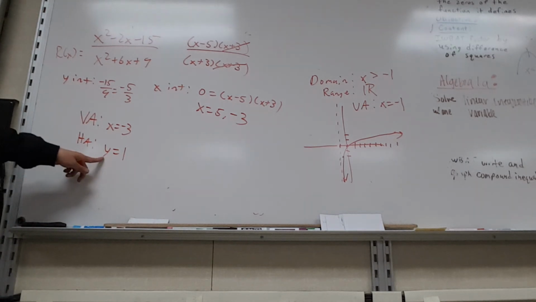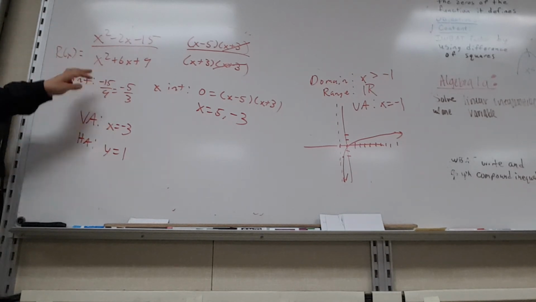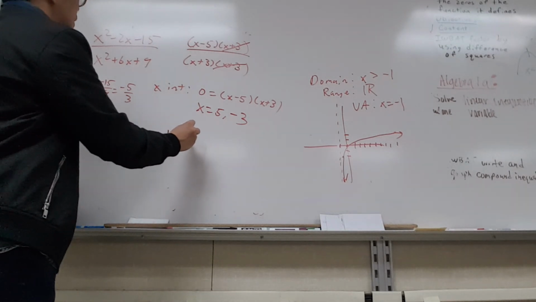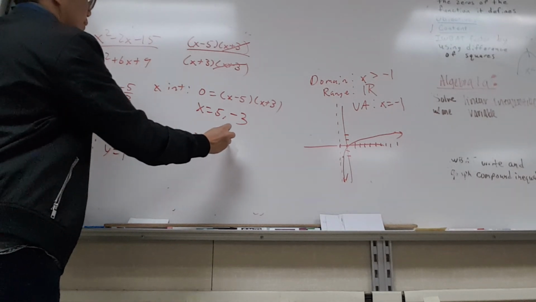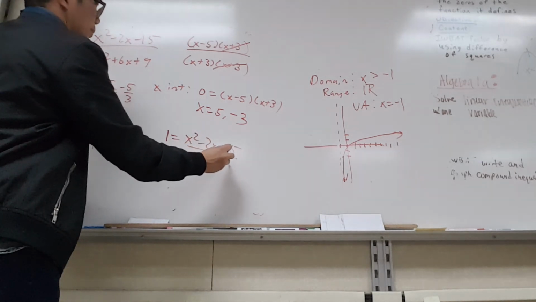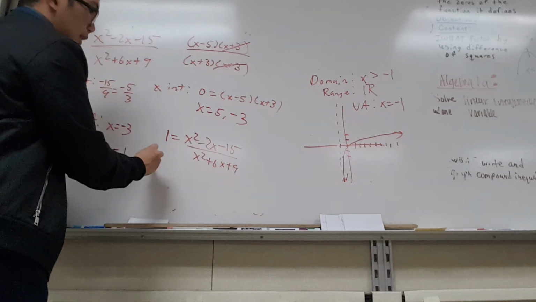Now we have to have the horizontal asymptote make this entire function equal to 1. So 1 is equal to x squared minus 2x minus 15 over x squared plus 6x plus 9. I multiply by this on both sides.